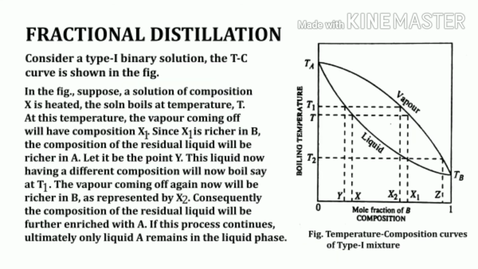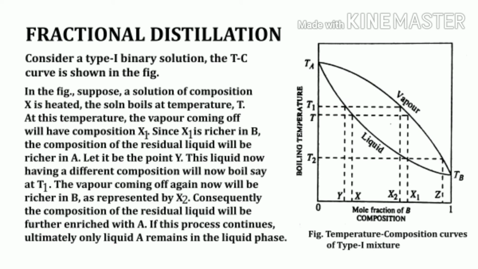We can also understand the concept of distillation or fractional distillation from the temperature composition curve. So let us consider a type 1 binary solution. The temperature composition curve is shown in this figure. In the figure, suppose a solution of composition X is heated. The solution boils at temperature T, this point.